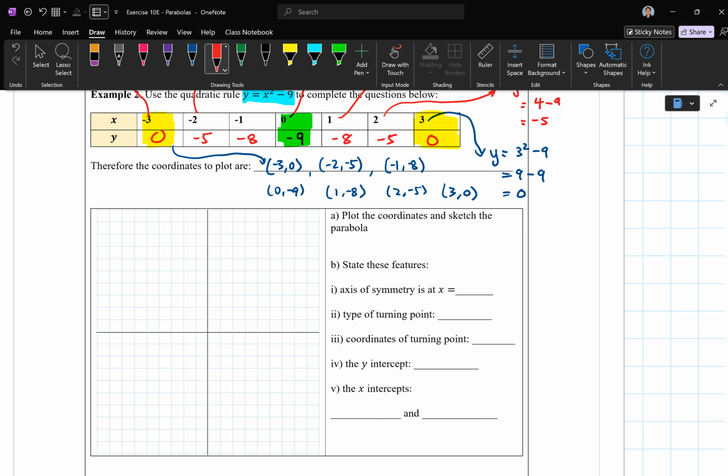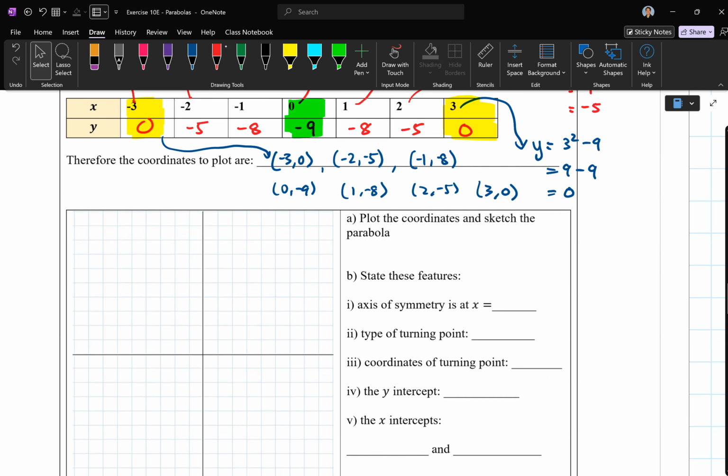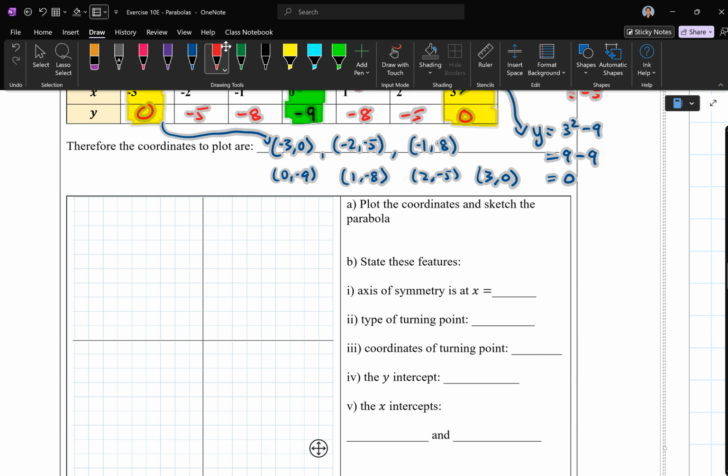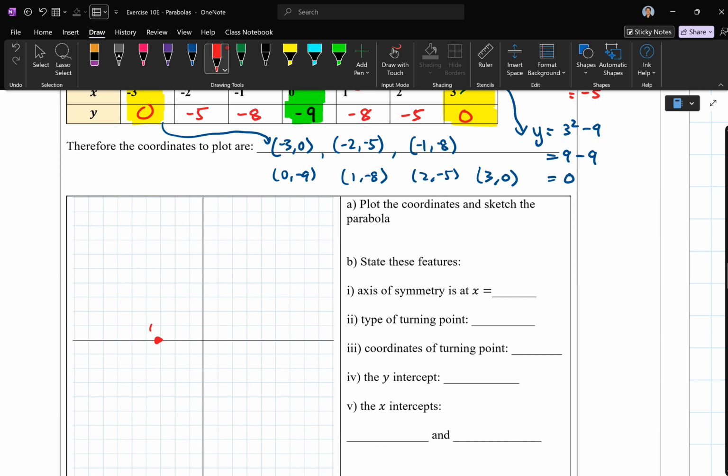So let's plot these coordinates in. Hopefully you've done it correctly. Then this is what it should look like. Negative 3, 0. 3, 0. Negative 2, negative 5. So negative 2, 1, 2, 3, 4, 5. Here we go. This is negative 5.